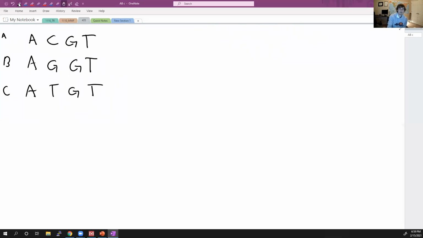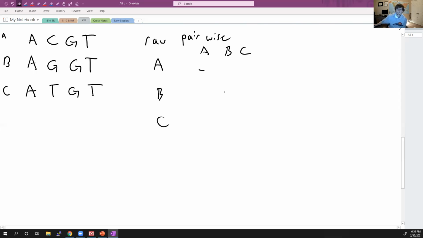All right, and so if we do a raw pairwise, we see one difference between A and B, so that's going to be 0.25.